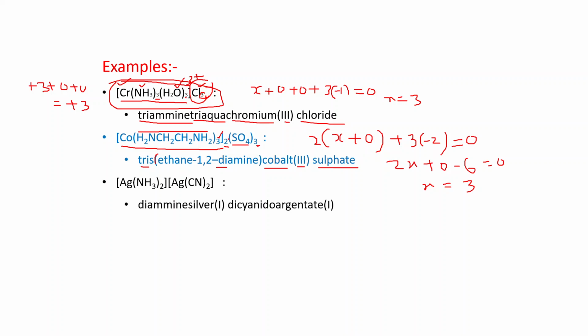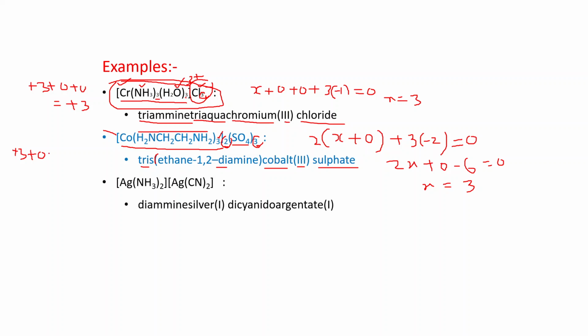Again, don't be confused about this 2 and 3. These 2 and 3 are used to balance the charge. Once again, see what is the charge on this coordination entity. You can find out. Oxidation state of cobalt is plus 3. Ethane-1,2-diamine is neutral.